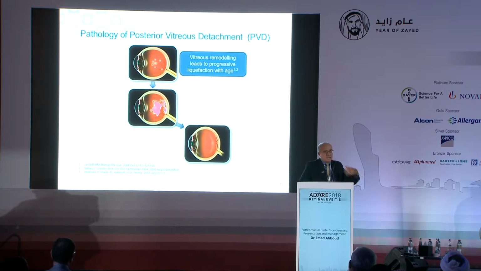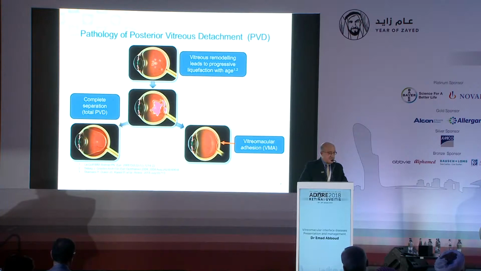So this dissociation between the hyaluronic acid and the fibrils makes the stability of the vitreous much less, and then one day the vitreous is going to separate, the vitreous cortex separating from the ILM. And if that happens, like you can see there on the left of the slide, complete vitreous separation except at the vitreous base, then there is really no problem, no pathology.